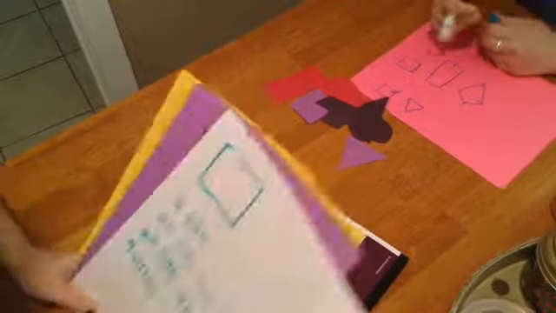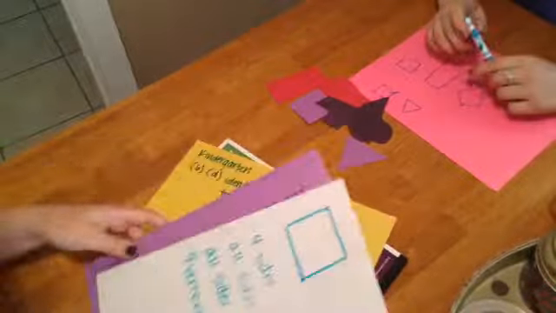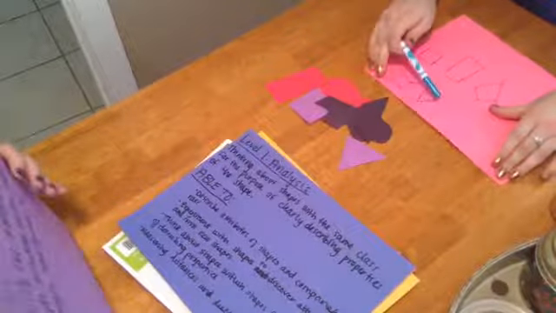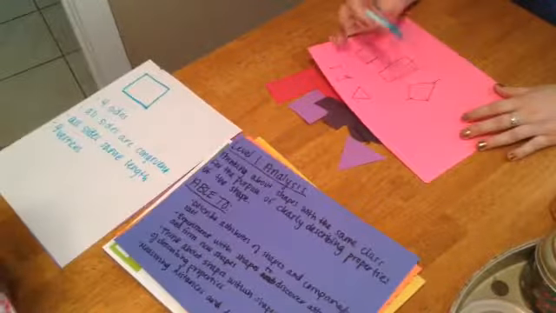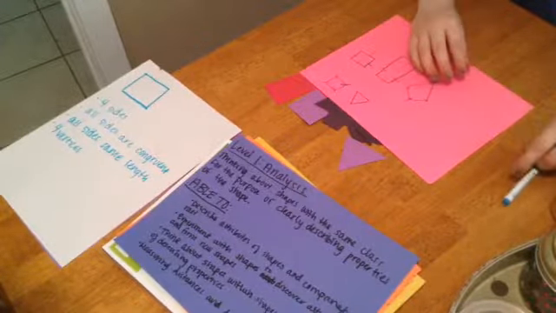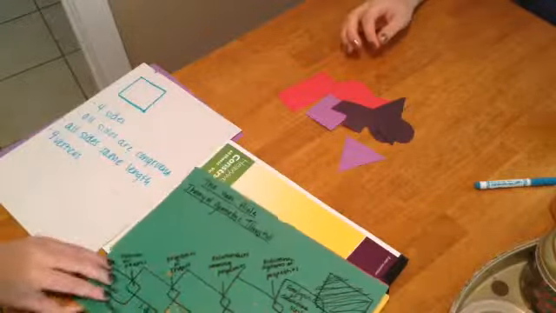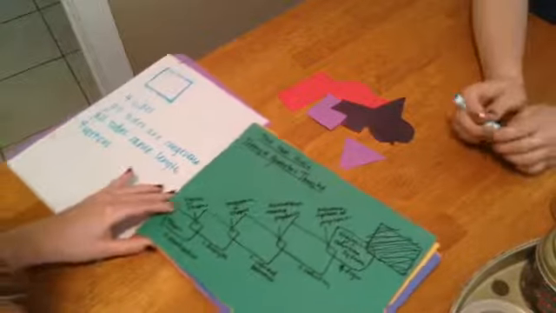Good job, that's correct. Since you are in level 1 of analysis, you were able to classify the shape, and you were able to use attributes such as congruent and vertices. Good job. Then we also just have to go over our Van Hiele model one more time.